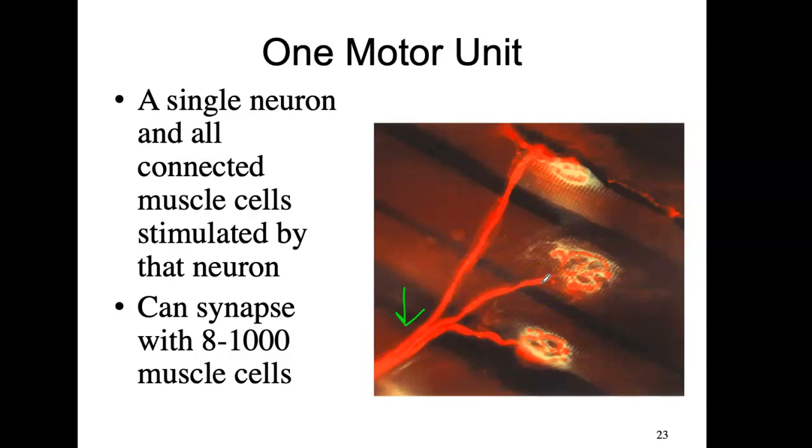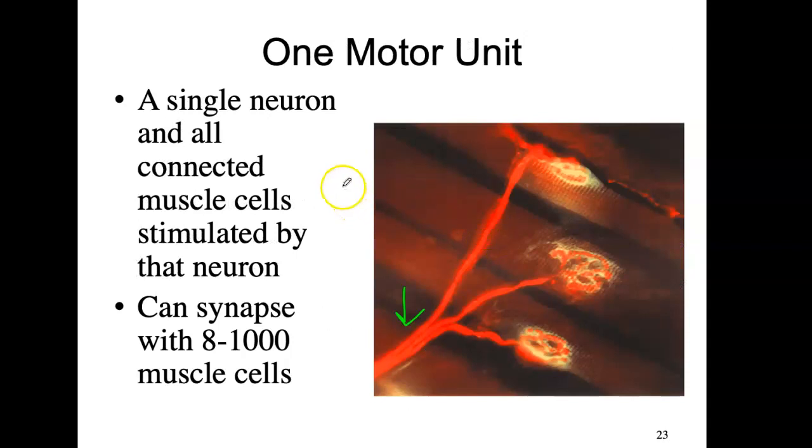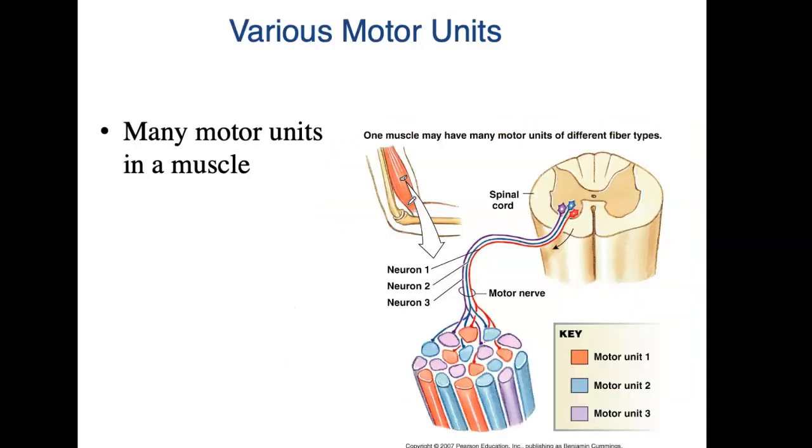Okay, so if we had a separate neuron coming over to this one, and maybe then branching out to another one over here, this would be a second motor unit. That's the terminology. Now, a complete muscle of yours, a biceps, let's say, will have many motor units that are acting upon it.